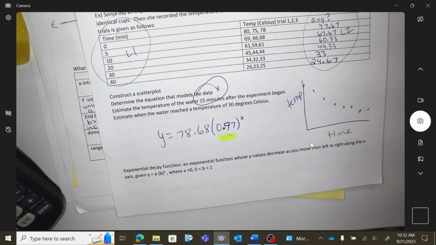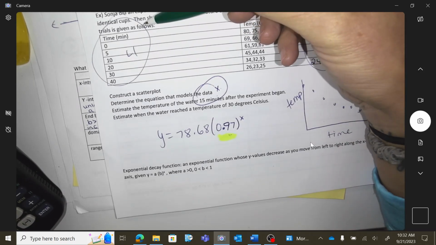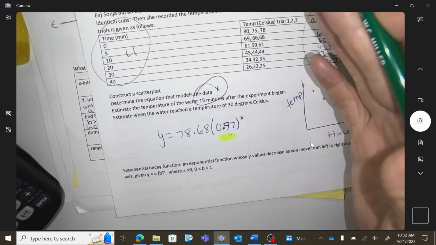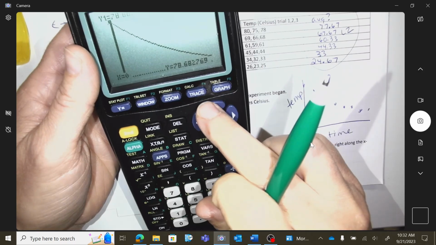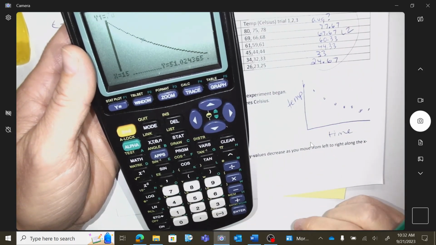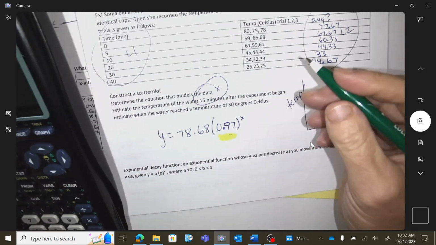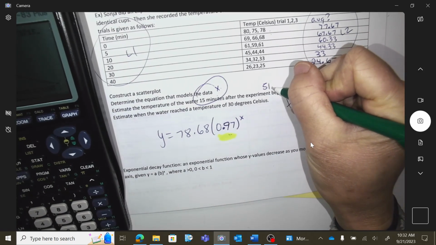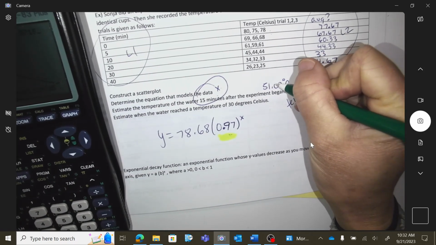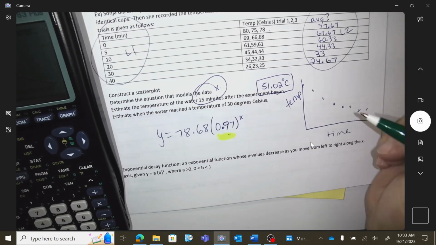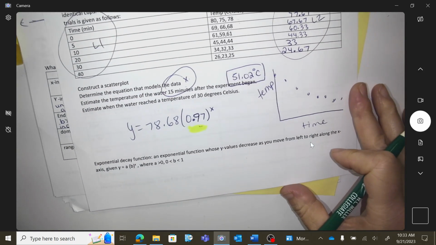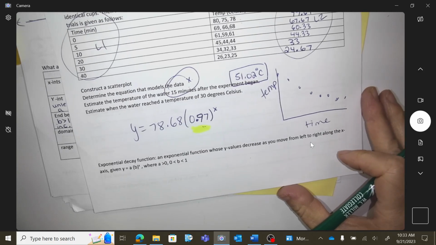If I gave you 15 minutes, but this was in hours, right, you'd have to think about how to change that number. So we should be able to do trace 15, enter. And I was getting 51.02.